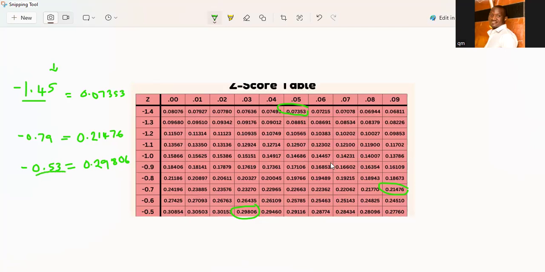So give me what is the Z for this probability? 0.016853. What is the Z for this figure?